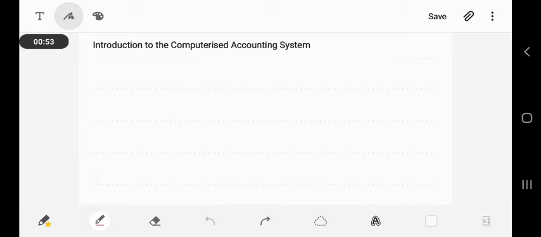Therefore, in this lecture, let us discuss the integration or the role of computers in the accounting system, that is, the computerized accounting system.